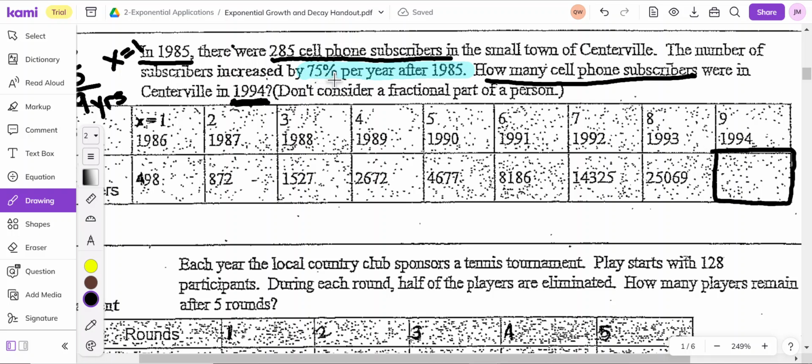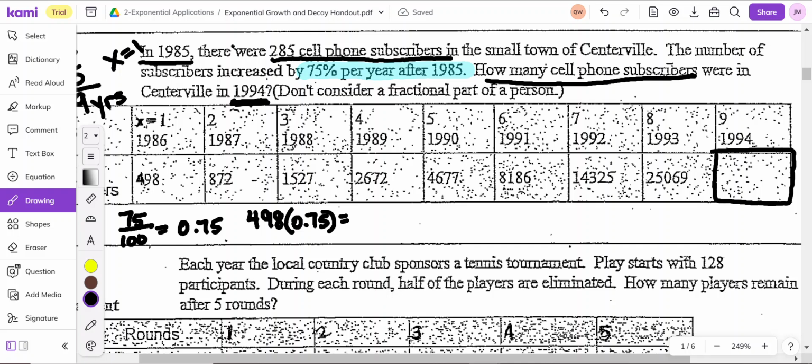So let's figure out how they're calculating this. First of all, 75% as a decimal is 0.75. What is 75% of 498? So this is how we type it in the calculator, 498 times 0.75.